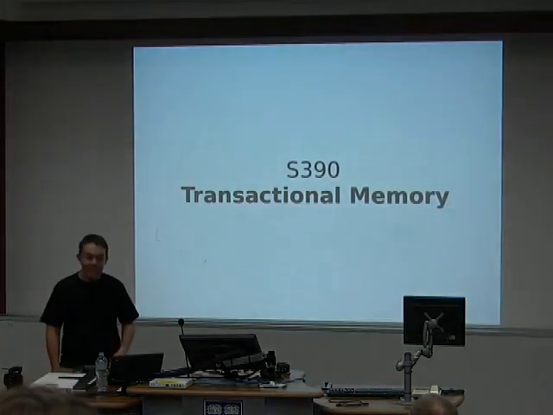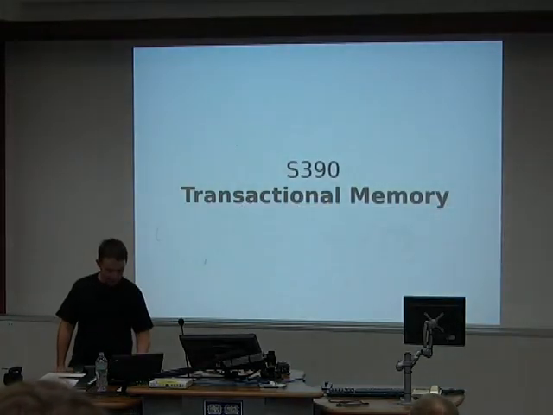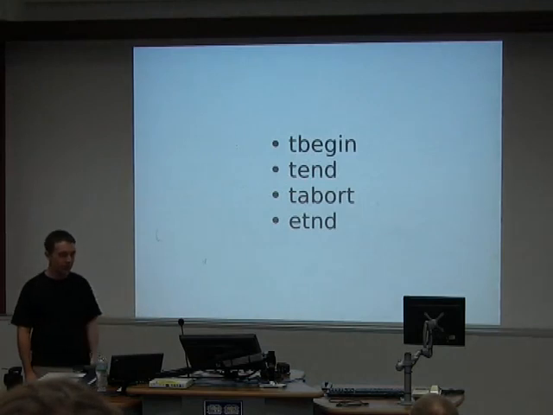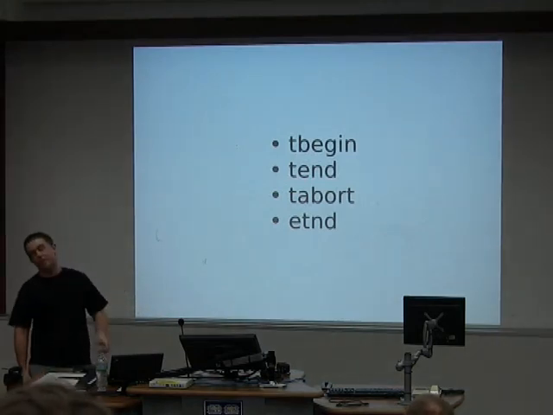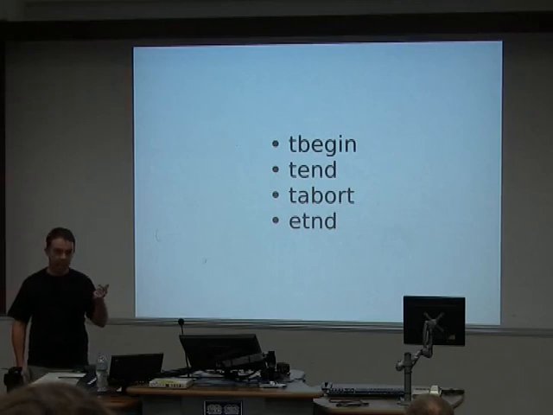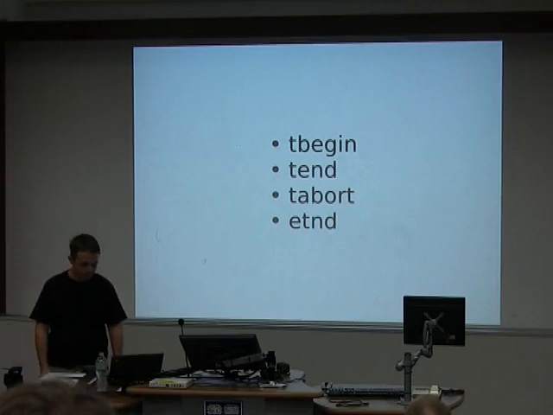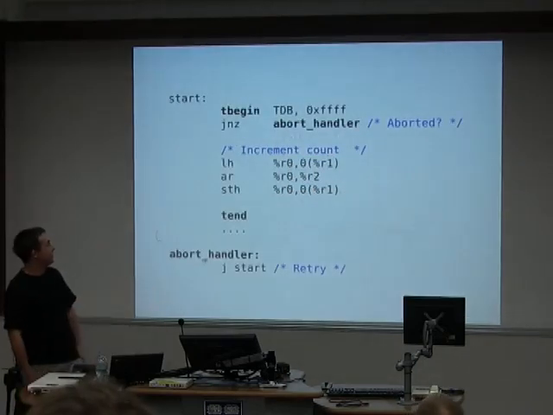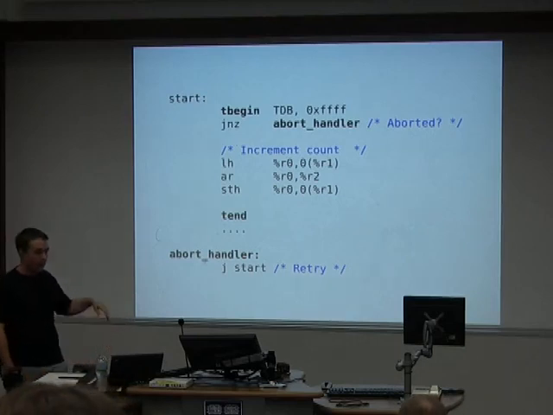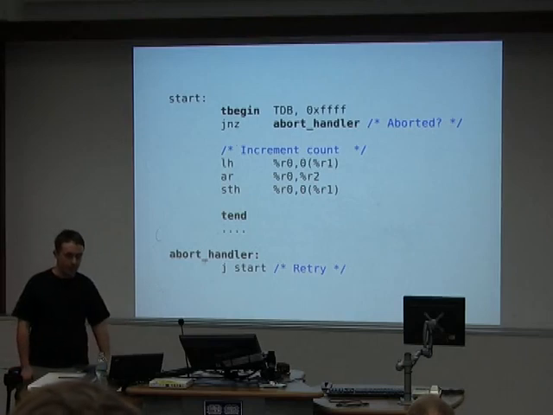So in S390, they're introducing transactional memory, and these are their 4 core instructions, which are tbegin, tend, tabort, and ETND, which is extract transaction nesting depth. So if the nesting depth is 0, then it's a tcheck. Simple. It looks like this, which again looks very similar to the other ones. tbegin, TDB, 0xFF, you can ignore the TDB, 0xFF for the time being.